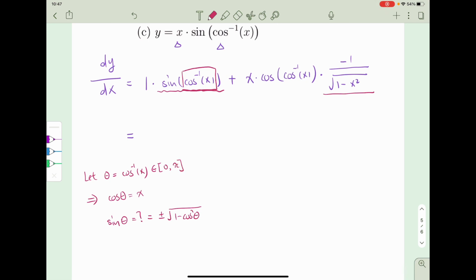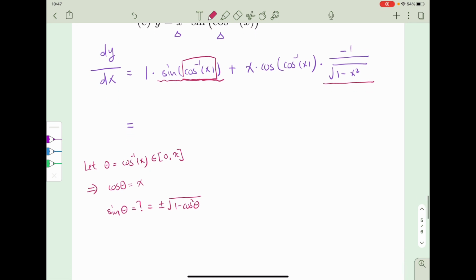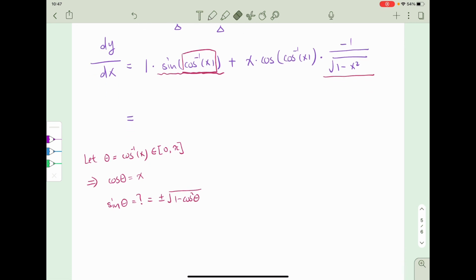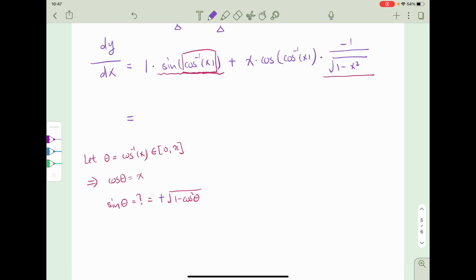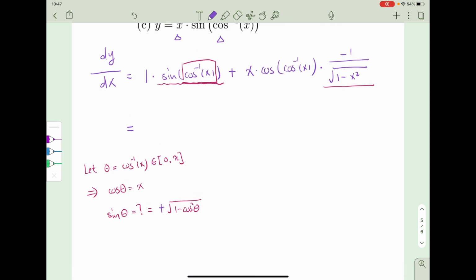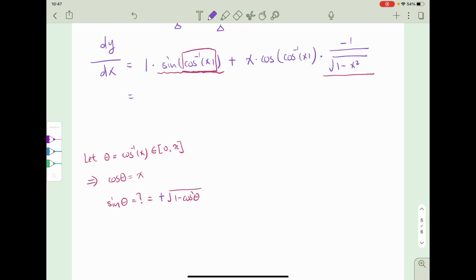And we know that when theta is inside 0 to pi, the sine function is positive, which means that we only need the plus sign. There's no minus sign here when theta is in the first or second quadrant. So the expression in the first term simplifies to square root of 1 minus cos squared theta. Cos theta here is x, so this is 1 minus x squared for our first term.